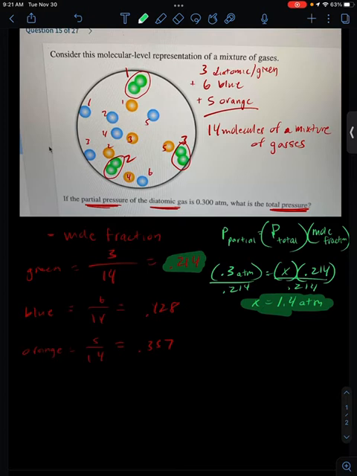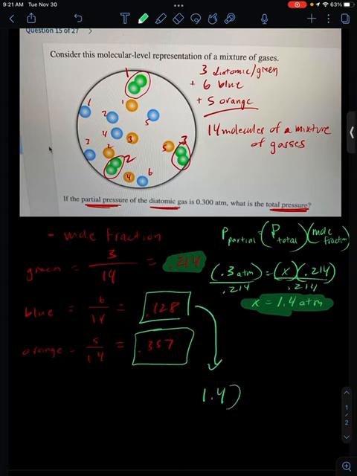So we can take this a step further and we can say, okay, well, we know the total pressure of this mixture of gases. We can also figure out what the partial pressure of these are. So if we know the total pressure is 1.4 times the mole fraction for these blue molecules, we can do 1.4 times 0.428.